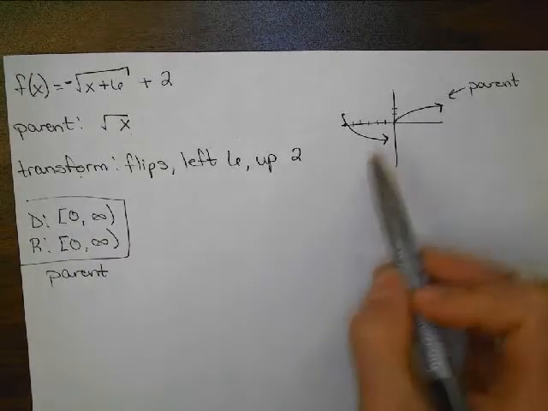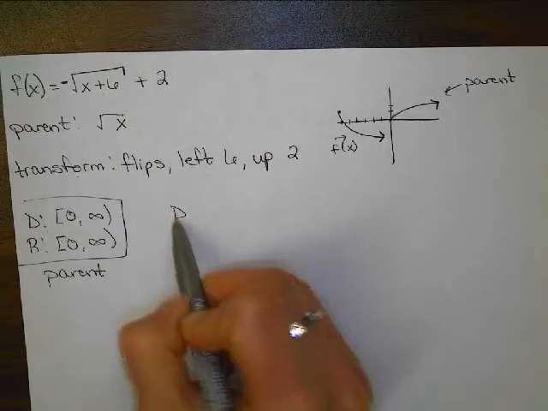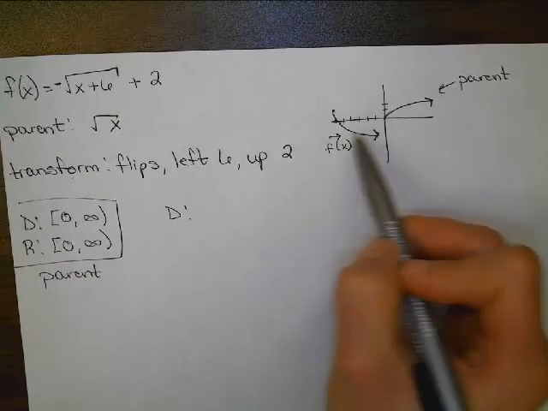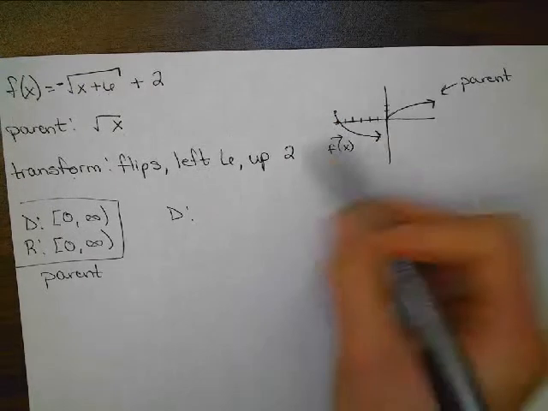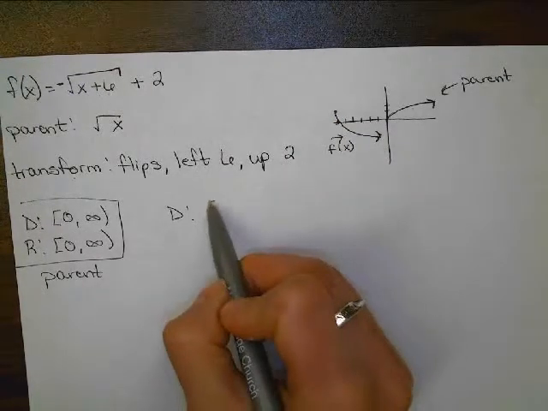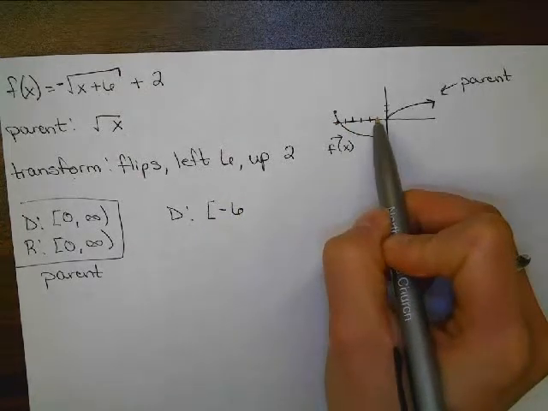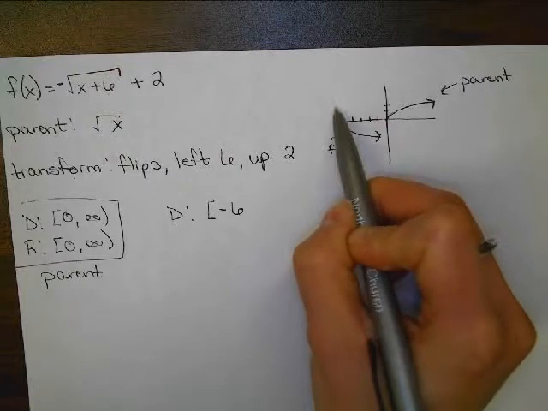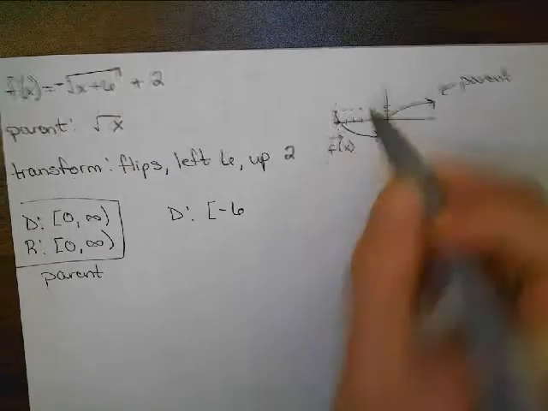So now if I look at my f of x function here to figure out the domain and the range, I have to start on the left and the right again. Well, I know that I moved left 6, so that means my domain also went to the left 6, so now I actually start at negative 6. And if you look at your graph here, you can see right here at negative 6 is where your graph starts to exist.